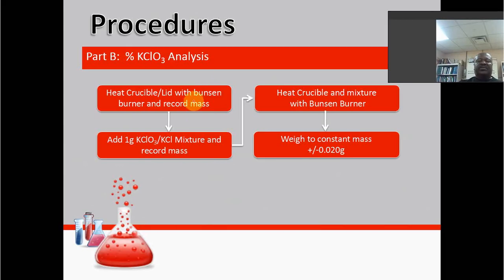Heat the mixture with the Bunsen burner. You want to heat strongly. If you're heating strongly, you should see the bottom of the crucible glow nice and red. You start slowly, and then you can increase the heating intensity up to the maximum rate.